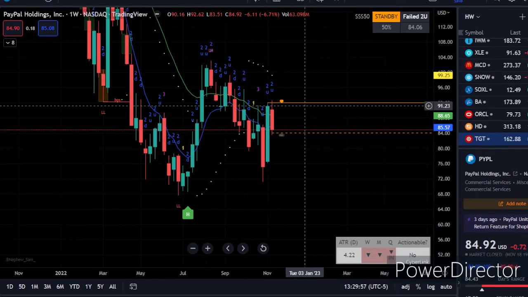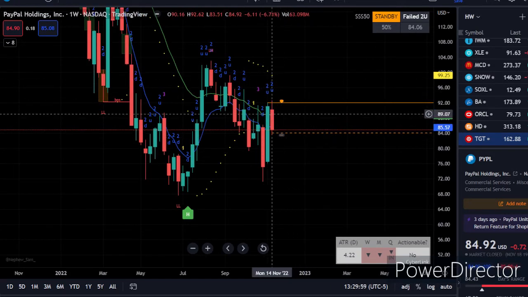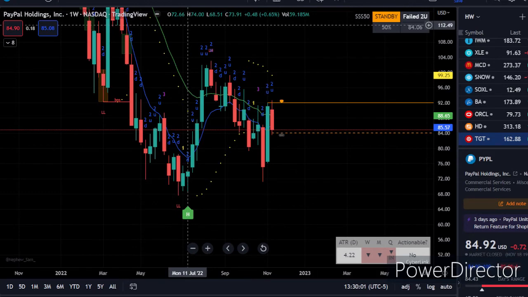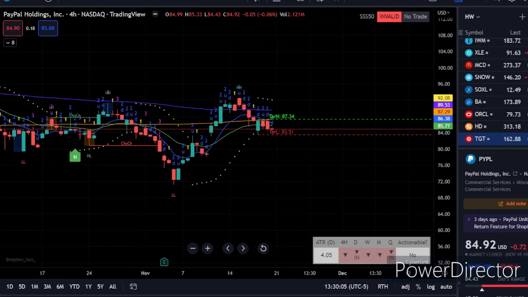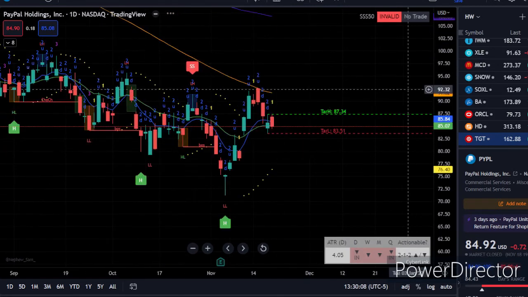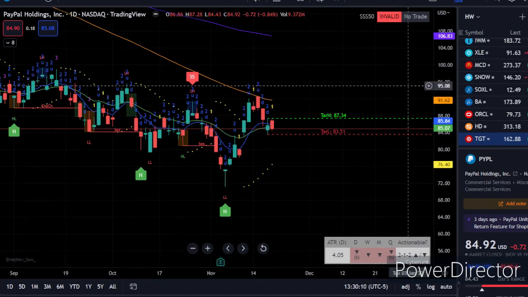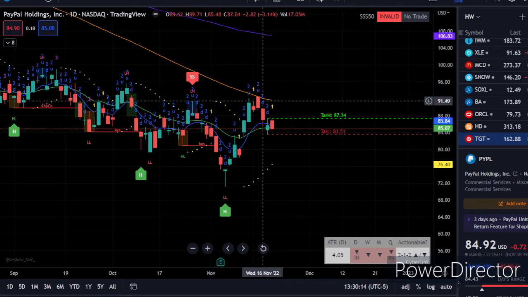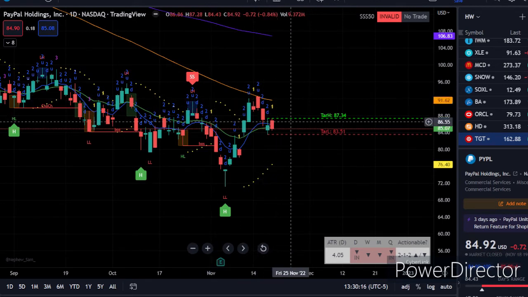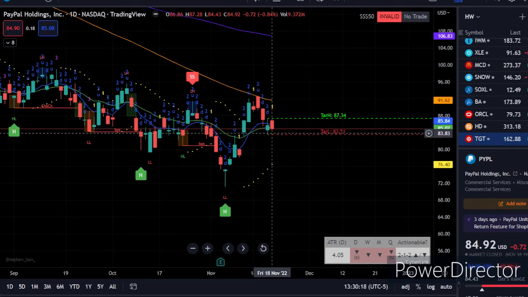Just want to mention that Square's chart looks similar, but we like PayPal better. But yeah, you also see, I think it's the daily, you see that 200 rejection that we got there. We made that higher high, rejected, and came back in, and then we have an inside day here.